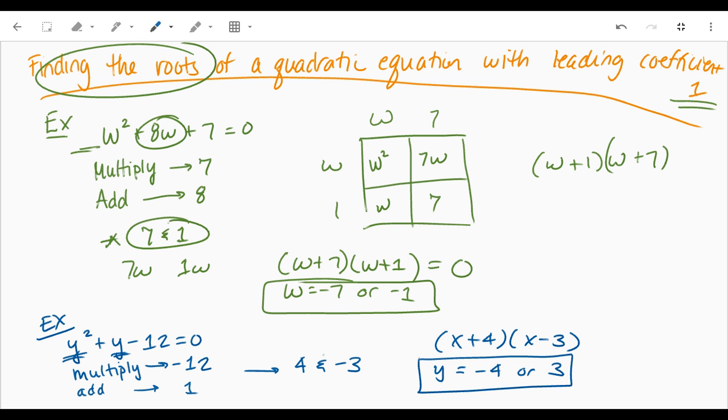Okay. Moving right along to our next one, we're going to factor when it's not a coefficient of 1.